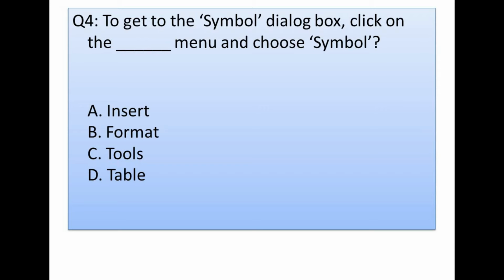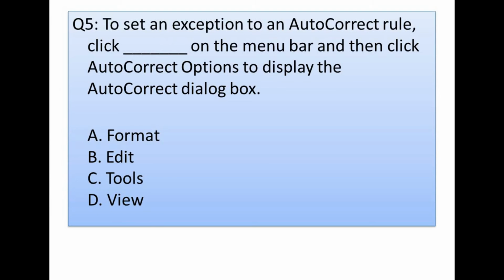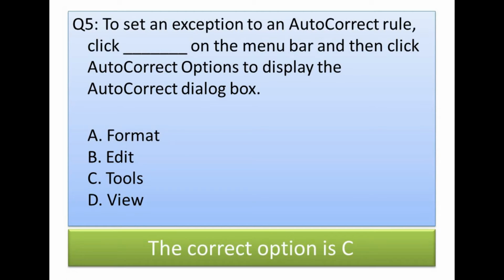Insert, Format, Tools, Table. So the correct option is A. To set an exception to an AutoCorrect rule, click dash on the menu bar and then click the AutoCorrect option to display the AutoCorrect dialog box. Format, Edit, Tools, Views. So the correct option is C.